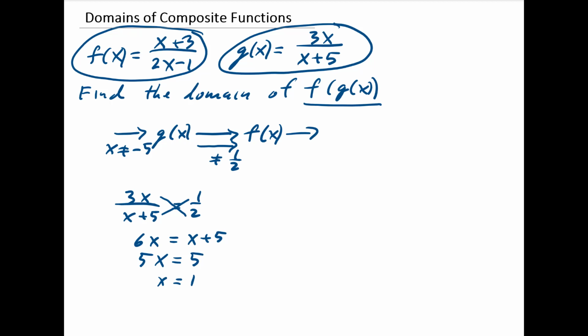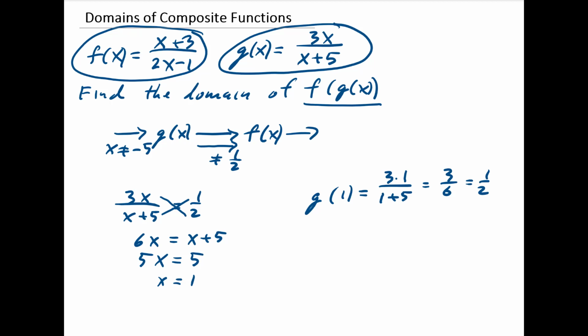Which means if you plug a 1 into the function g, it's going to output a 1/2. Let's try that out. g of 1 is going to be 3 times 1 over 1 plus 5, which is 3/6, which is 1/2.